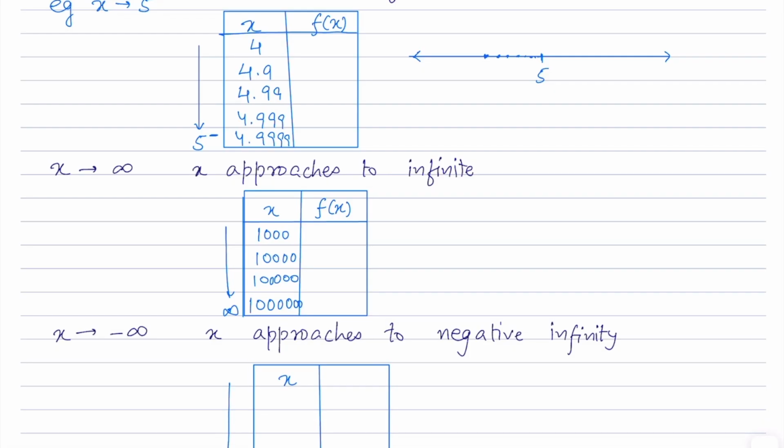So you can say minus 1000, minus 10,000, and so on. So we are saying values of x are decreasing without any bounds.